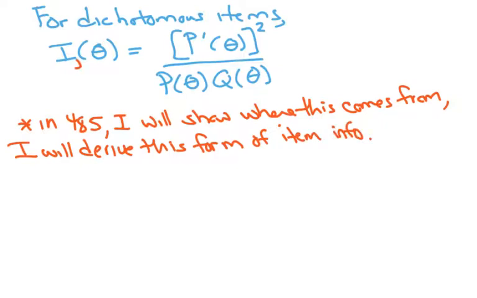Now this is for one item, but writing all the subscripts becomes tedious. So when we start doing things, I usually leave the subscripts off. For now, we're saying that we know that this is what it is, and we want to show that for the 2PL model in particular, this is for any dichotomous items.